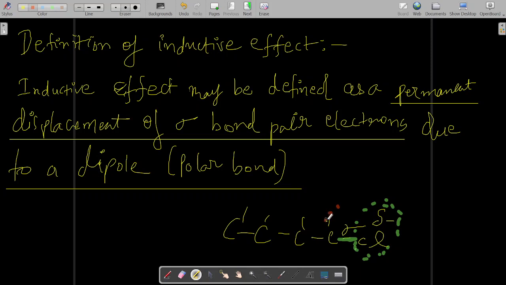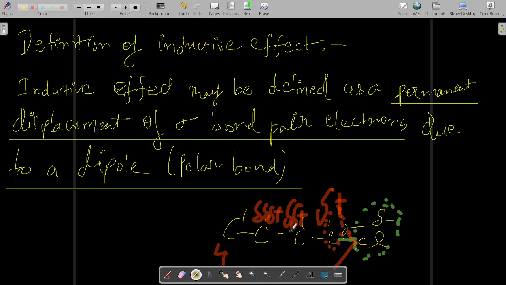So there is a slight shift. Now there is delta positive charge on the first carbon atom, delta positive on the second carbon atom, delta positive on the third carbon atom, and from the fourth carbon atom onwards the effect is negligible.